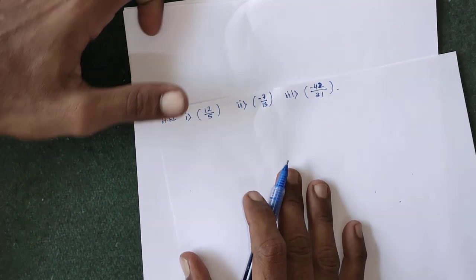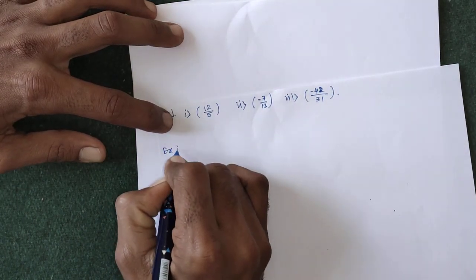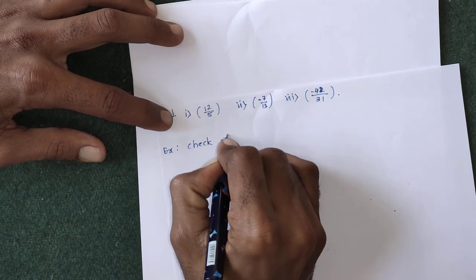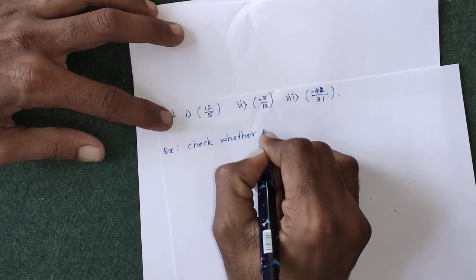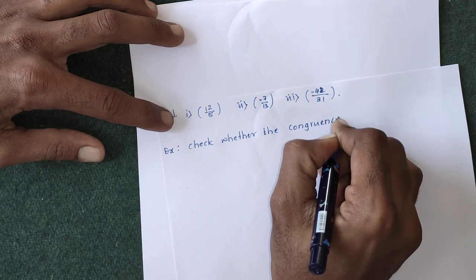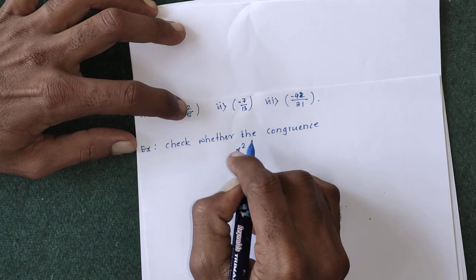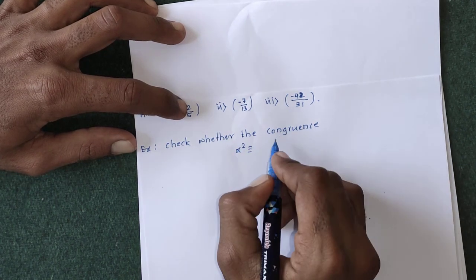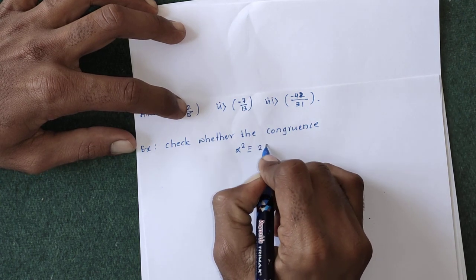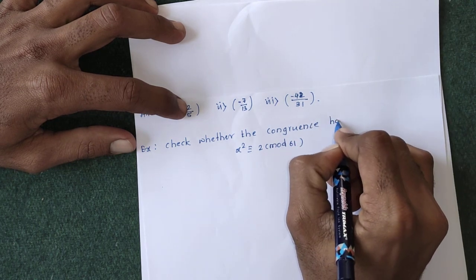Now, next example. Check whether the congruence x square is congruent to 2 modulo 61 has a solution or not.